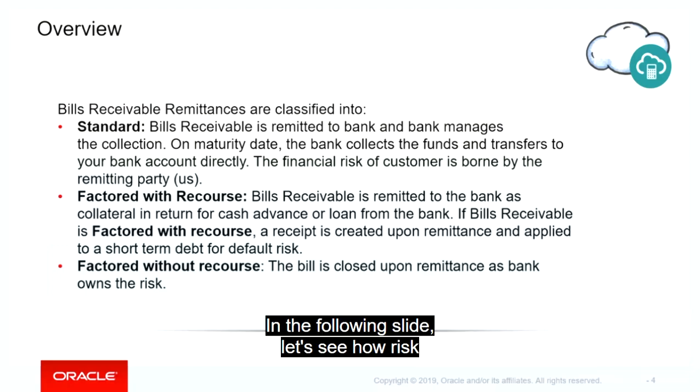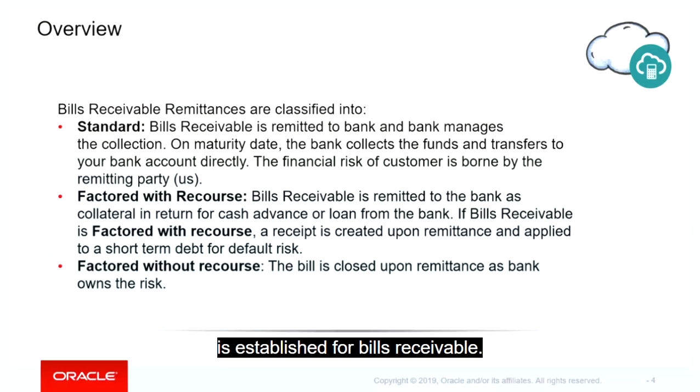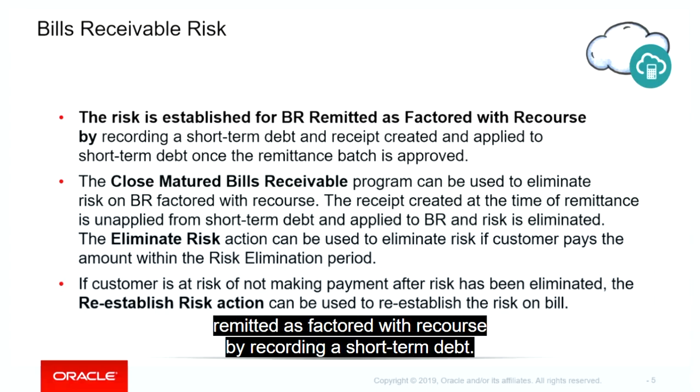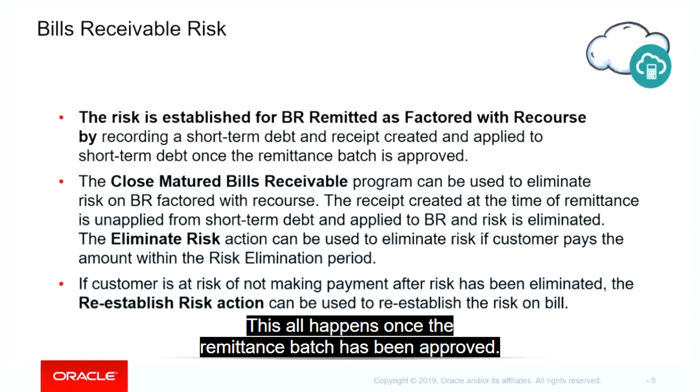In the following slide, let's see how a risk is established for a bills receivable. The risk is established for a bills receivable remitted as factored with recourse by recording a short-term debt, and a receipt is created and applied to this short-term debt. This all happens once the remittance batch has been approved.